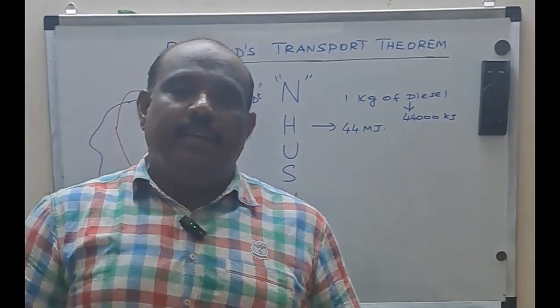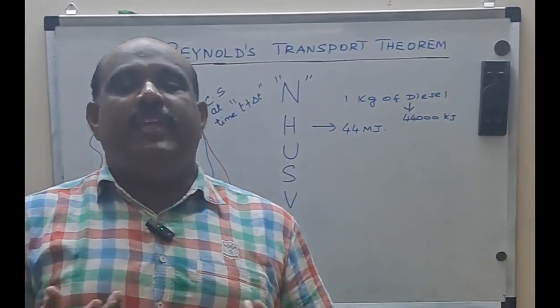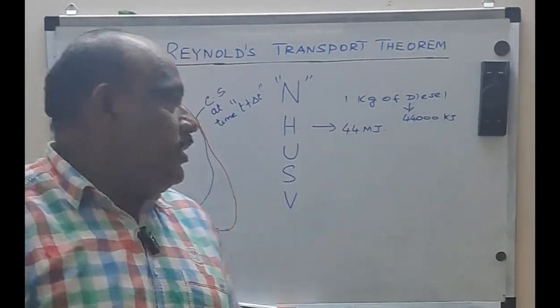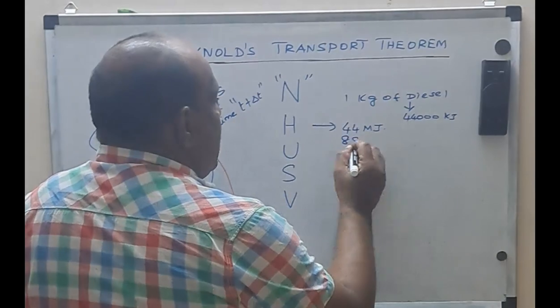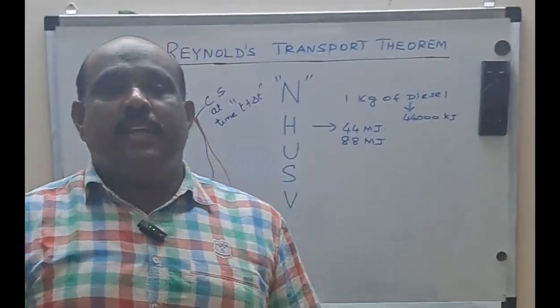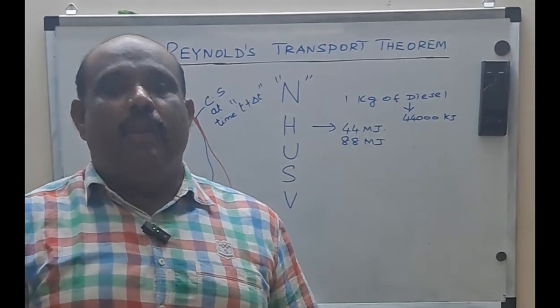What will happen if I burn 2 kilograms of diesel? Everybody knows it will be 88 megajoules. So as the mass increases, the property also varies.